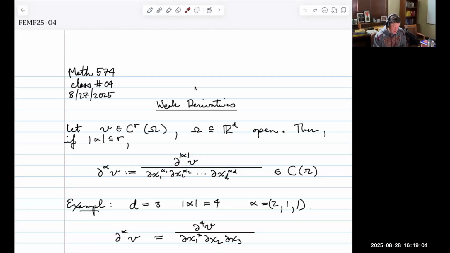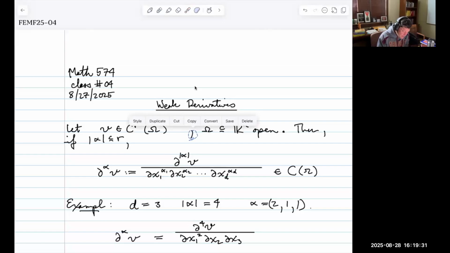For example, what if I have a function that has r continuous derivatives and is a function from omega, a subset of R^d, into R. Sometimes, to be really specific about such spaces, I'll write something like this. Let me make a little room here.